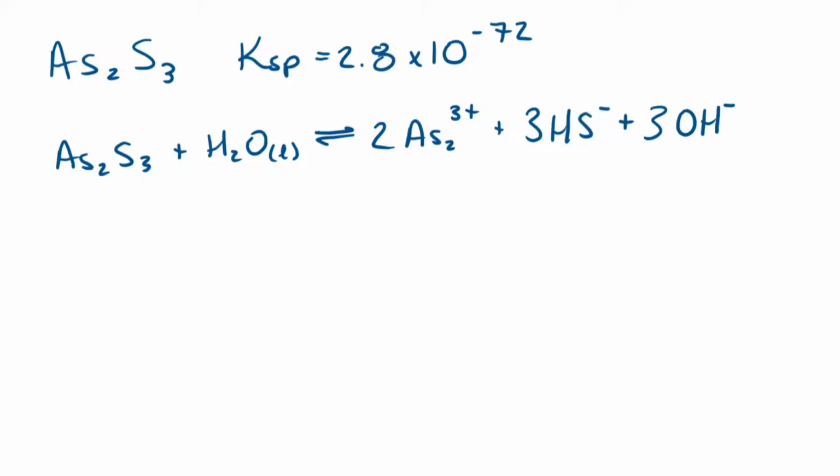So if we want to measure the amount of arsenic in our glass of wine, we can run the reaction in reverse to drive as much of the arsenic into arsenic sulfide as possible, and then weigh the result.